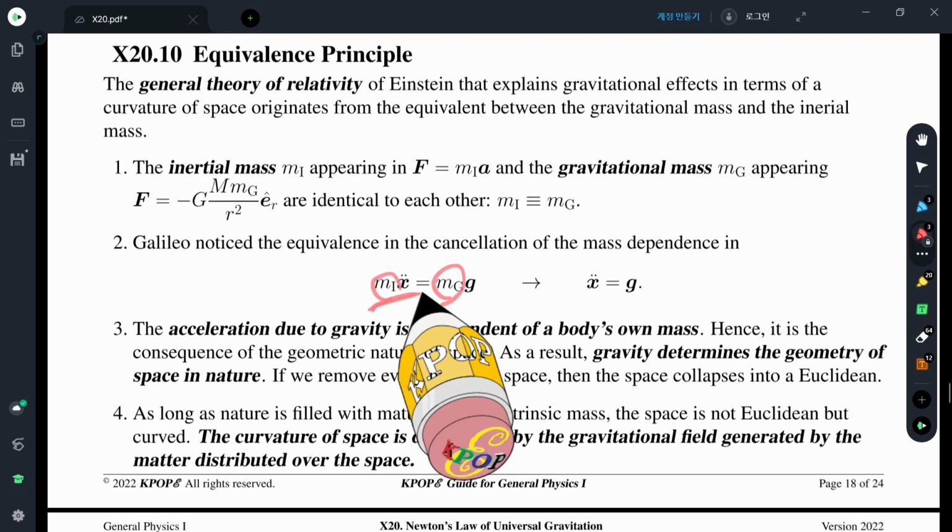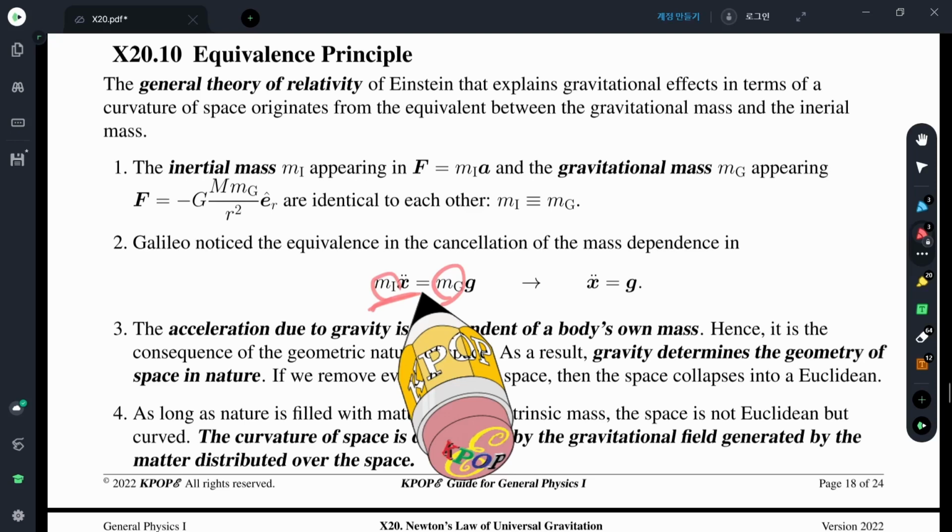So in general, the gravitational mass and the inertial mass do not have to be the same. Nobody knows why. But Einstein noticed that this can be a fundamental postulate of physics. Nobody knows whether it is by accident or not, but anyway, the two masses are the same.